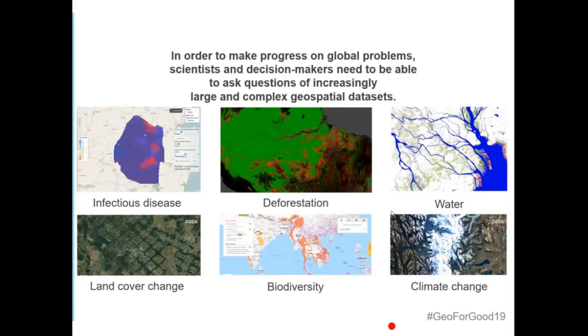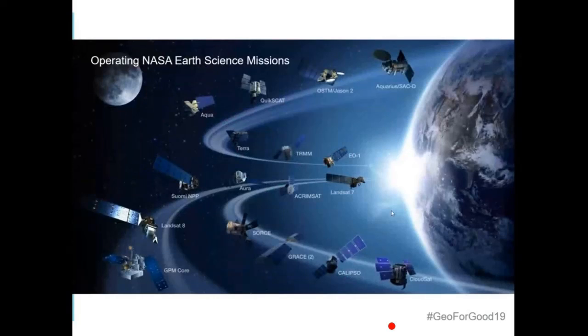Let's see how we can make use of the functionalities of this infrastructure and help our studies. As I said, one of the biggest advantages of Google Earth Engine is that in a click or in a line of code, we can access all these data sets.